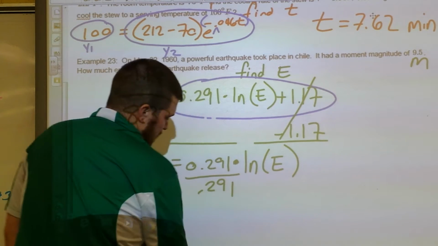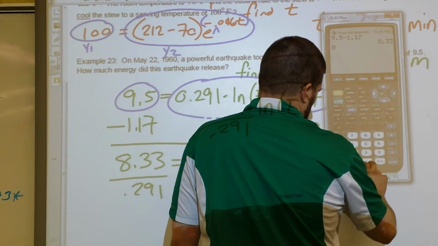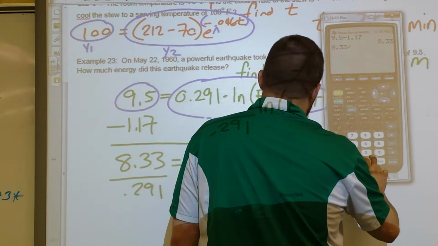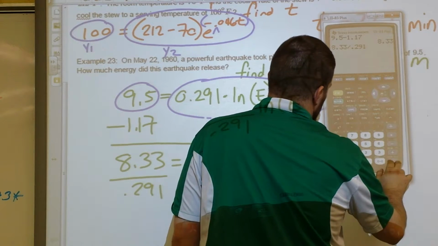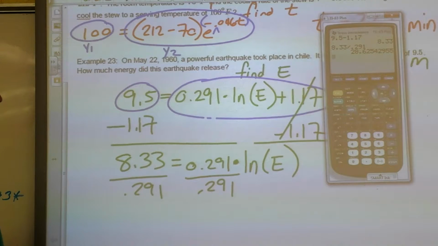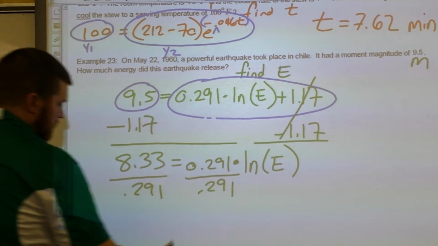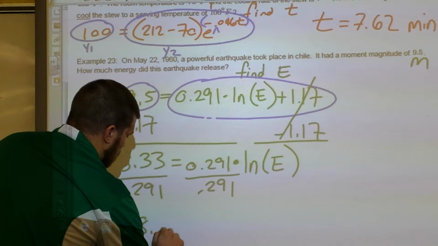Again, use your calculator to help you out with some of the easy calculations. 8.33 divided by 0.291 is a big decimal, so 28.63, I'm just going to round a little bit.